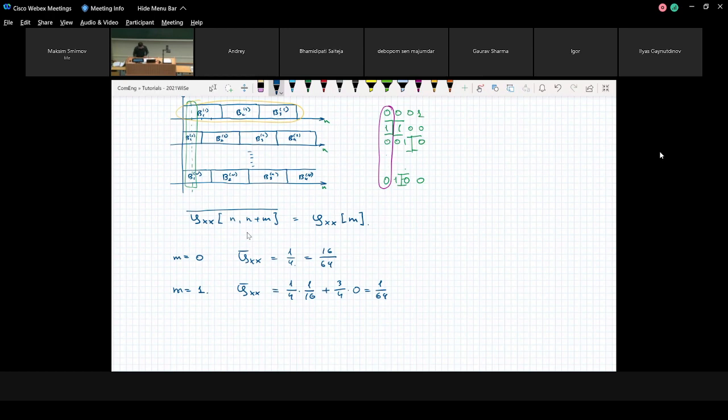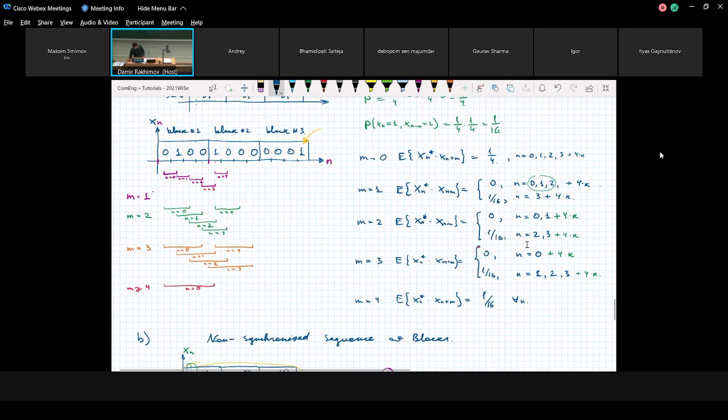And we continue, and we write for m equals 2 the averaged autocorrelation function. What will be the result? In 2 cases, the autocorrelation equals 0, and for the other 2 cases out of 4, the autocorrelation equals 1 over 16.